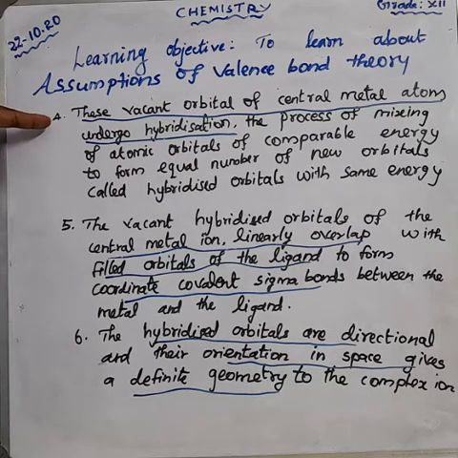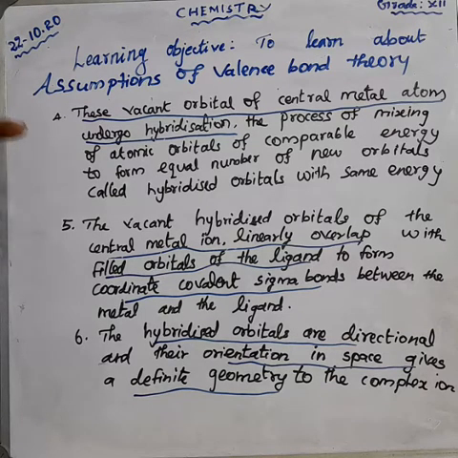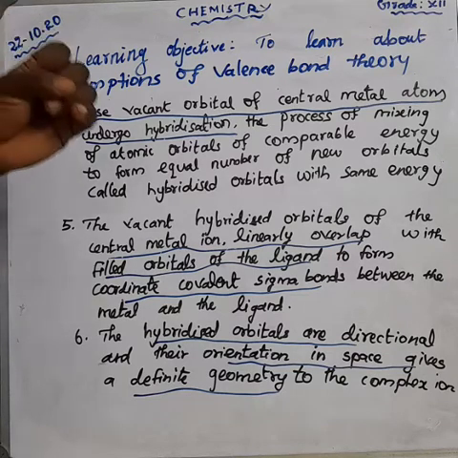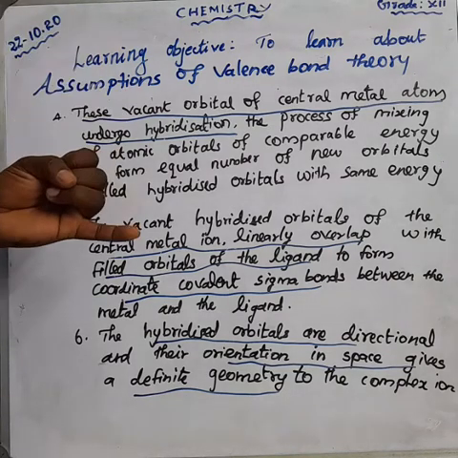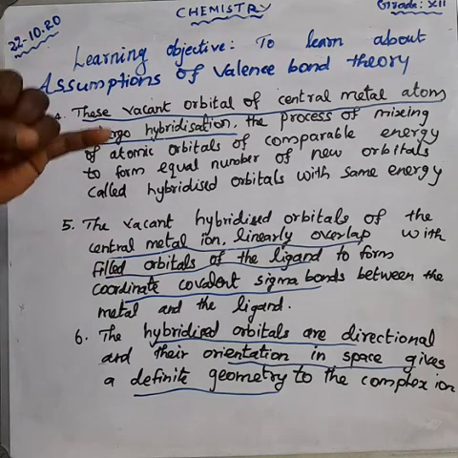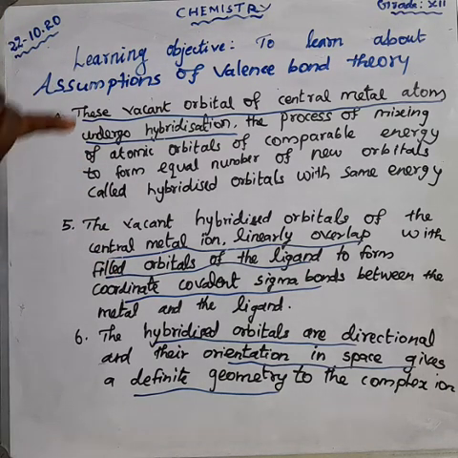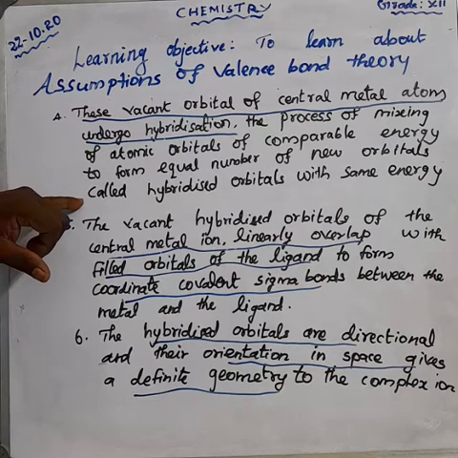What is the fourth point? The vacant orbital of the central metal atom undergoes hybridization, the process of mixing of atomic orbitals of comparable energy to form an equal number of new orbitals, called hybridized orbitals with the same energy.